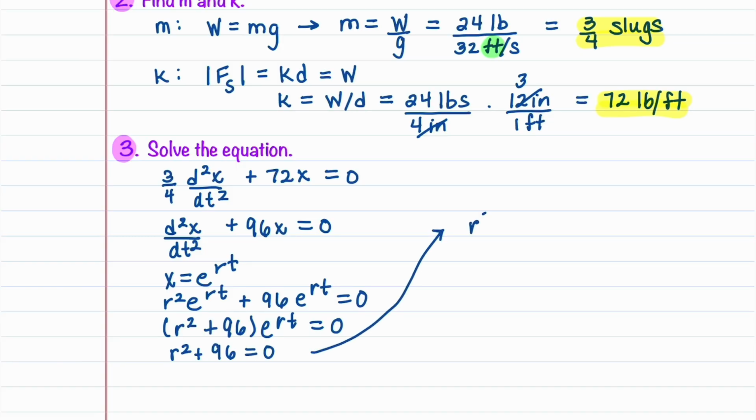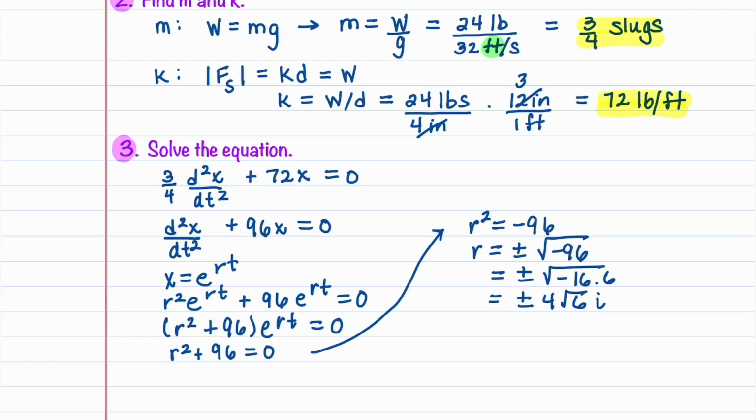Let's come over here. This gives us r squared is equal to minus 96. So r is plus or minus the square root of minus 96. This is plus or minus the square root of minus, let's write this as 16 times 6. So this gives us plus or minus 4 times root 6 i.